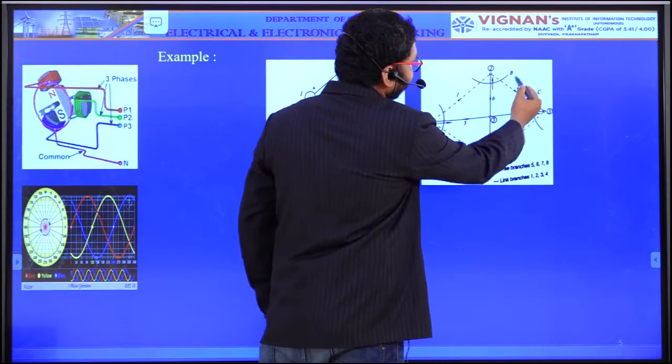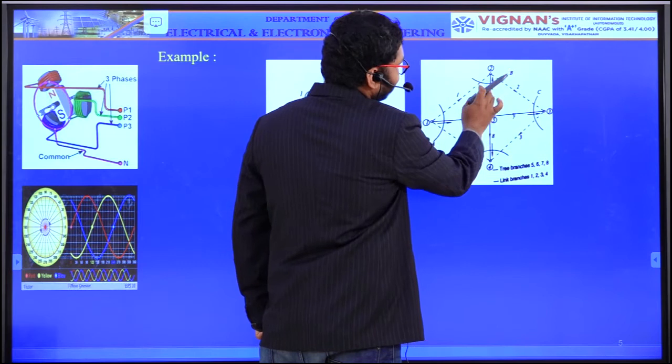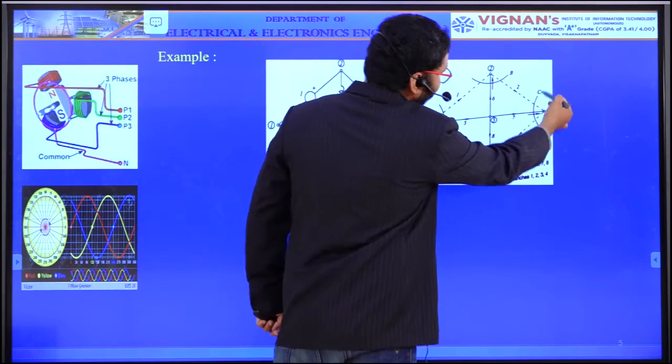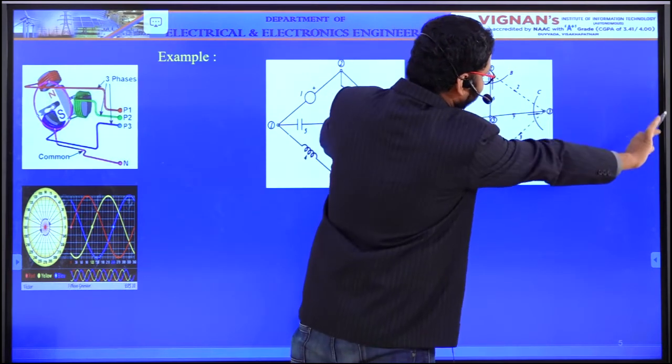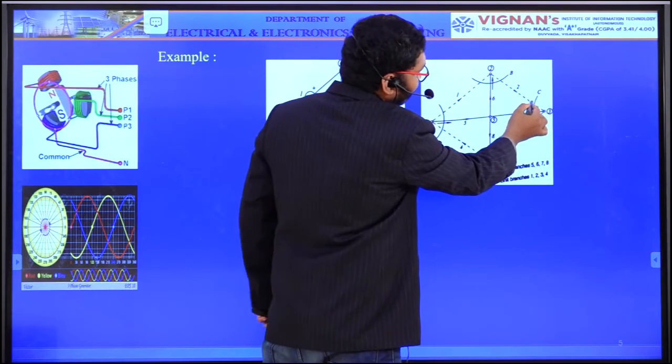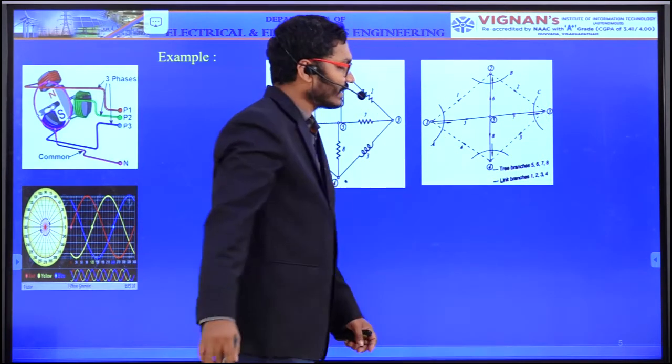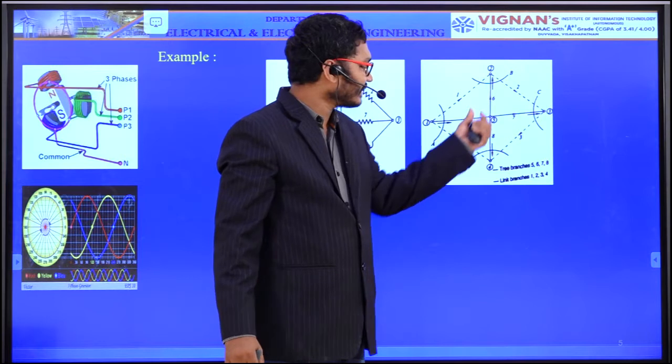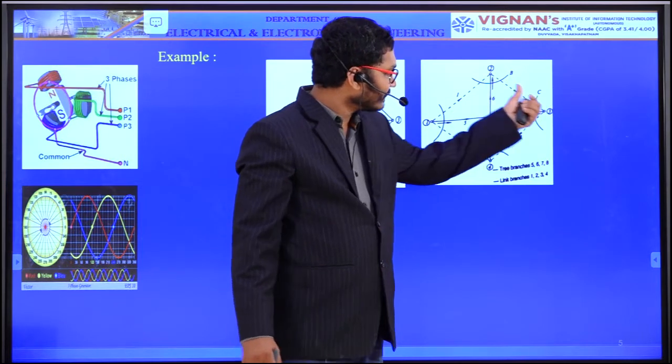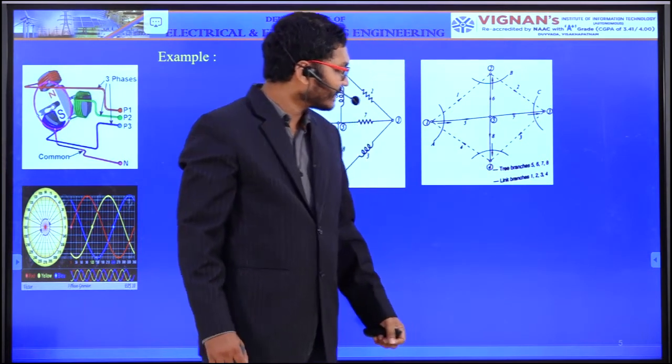When you separate this one and this one, only one tree branch is there. These we call the basic cut sets. Say A, B, C, D are the basic cut sets.